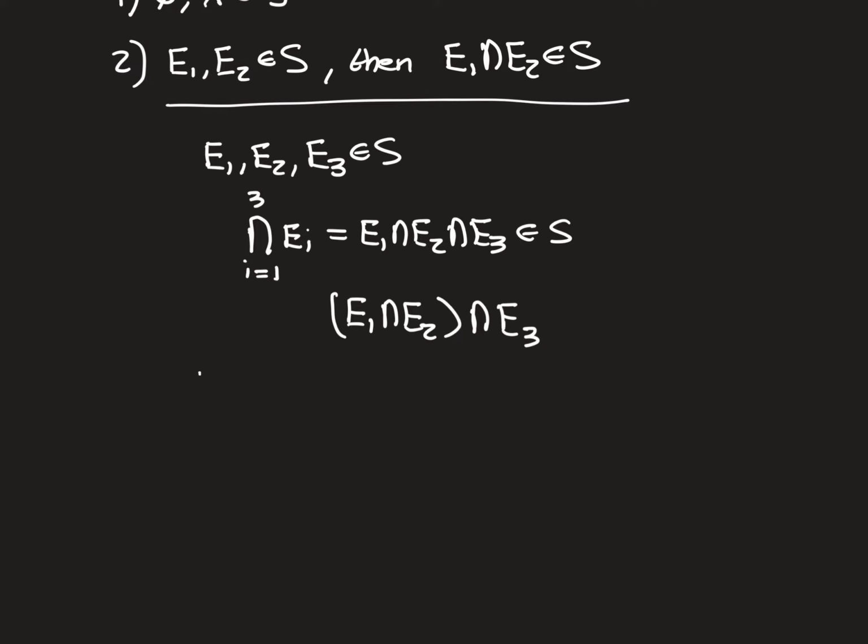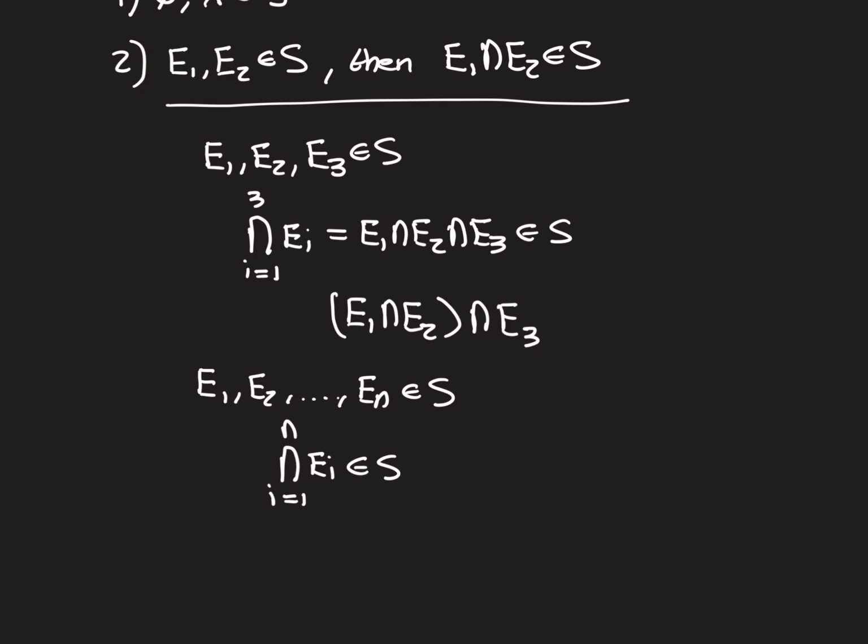Similarly, if you took E1, E2, all the way up to En, where n is some finite natural number, and you considered the intersection from i equals 1 to n of Ei, if this is true, it's going to imply that this finite intersection is going to be in S.